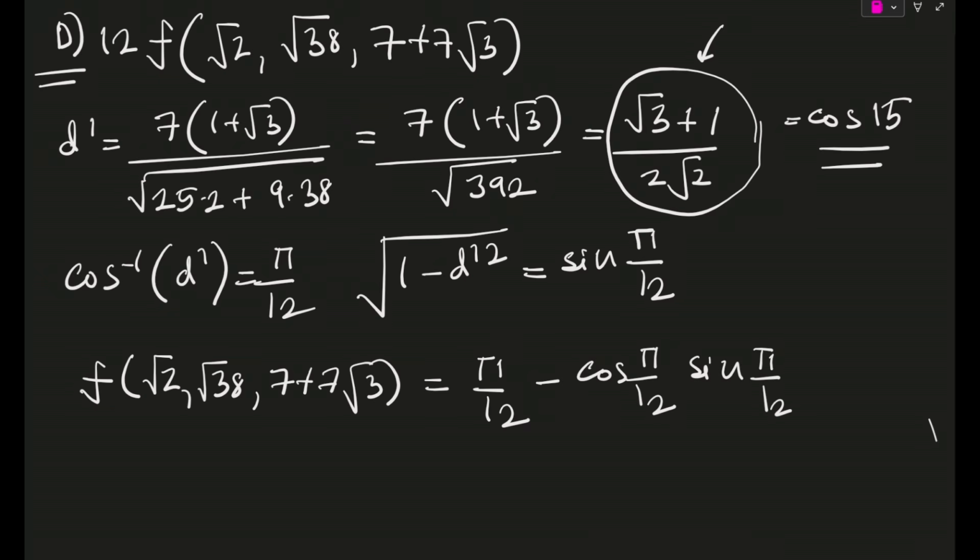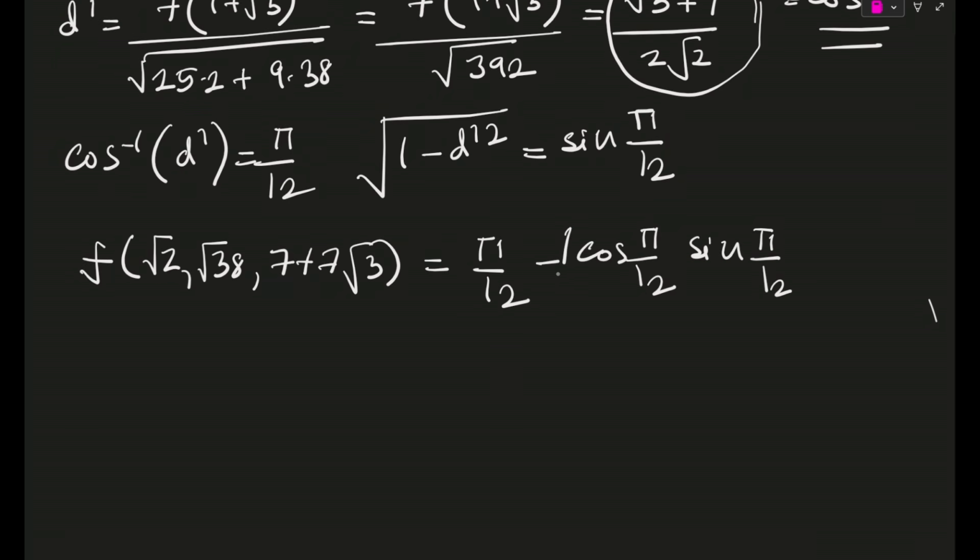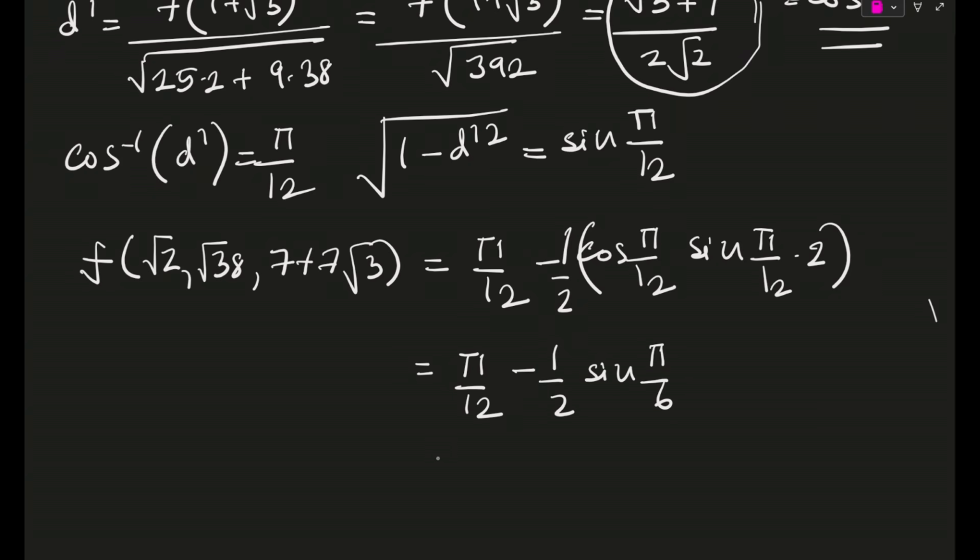So very plain simply, what we are going to do is we will multiply and divide with a 2. So actually this part here becomes sine 2 theta. So pi by 12 minus half sine 2 theta, which is sine pi by 6. So this becomes pi by 12 minus of 1 by 4. Okay. So guys, we have to multiply this with 15 also, I forgot.